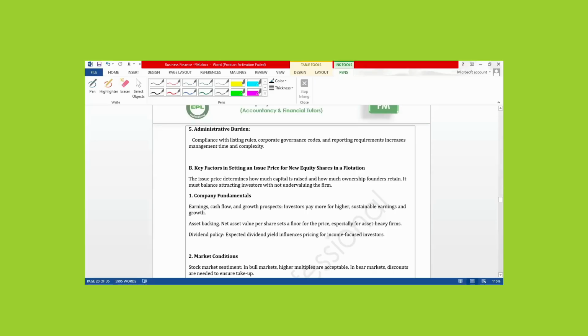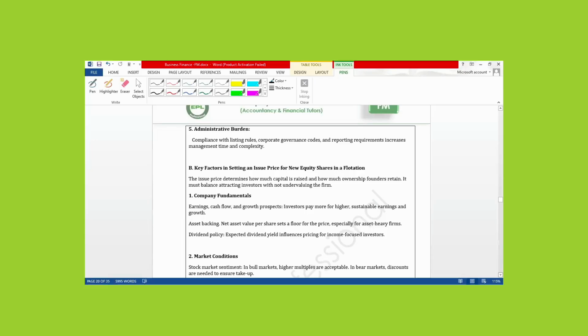If the earnings are very high, your growth prospect is high, investors will pay more. You can afford to quote a higher issue price. If the earnings are sustainable, we are going to look at it.